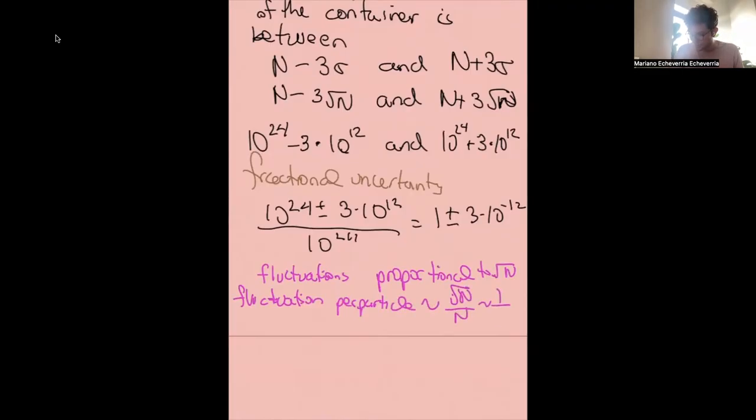So it's actually decaying like 1 over root of n. The fluctuations are actually very, very small. And that's why in all these questions about chemistry and thermodynamics, you can think that in many situations, equilibrium is achieved very quickly.